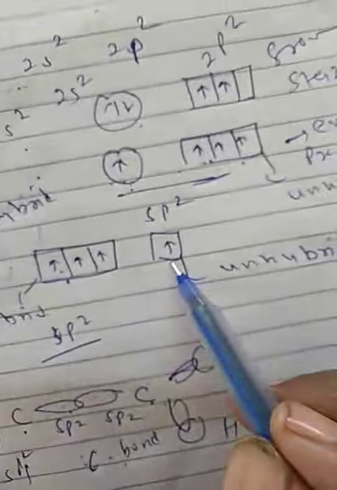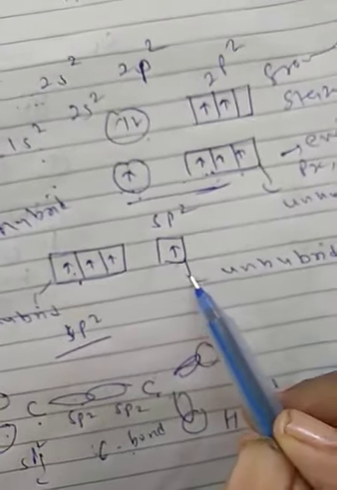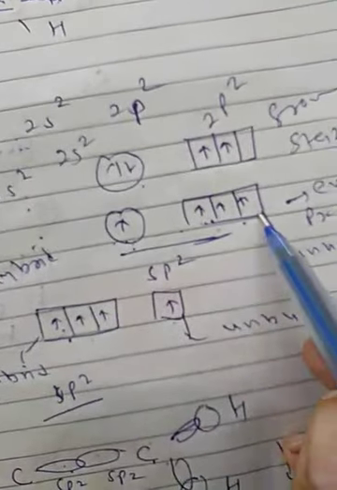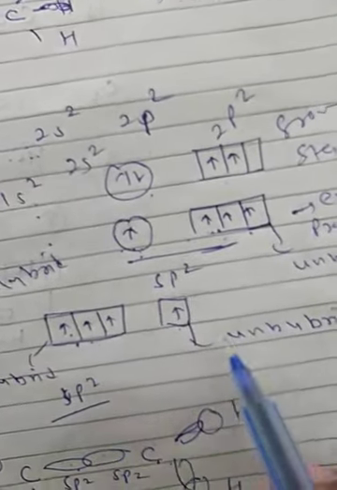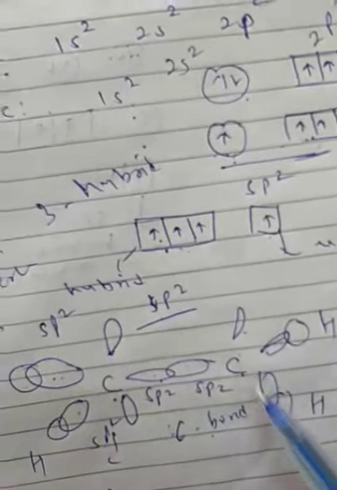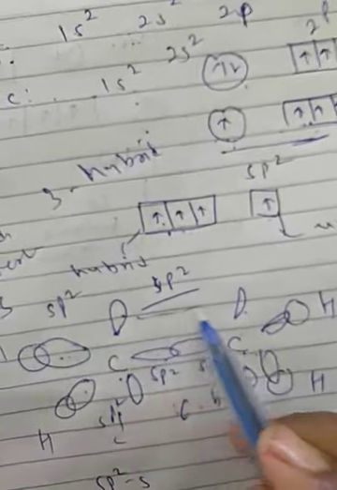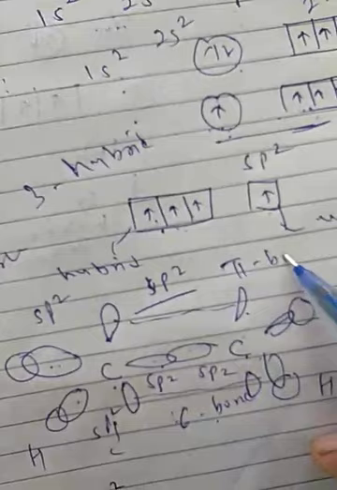Now the remaining unhybrid orbital which is not taking part in hybridization, here in excited state, these unhybrid orbitals, we can show it to both the sides. This bond results into the pi bond.